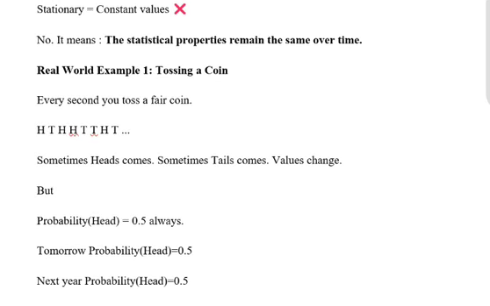If I toss the coin today, there is 50 percent probability of getting head. If I toss the coin tomorrow also, I'll have only 50 percent probability to get the tail, right?